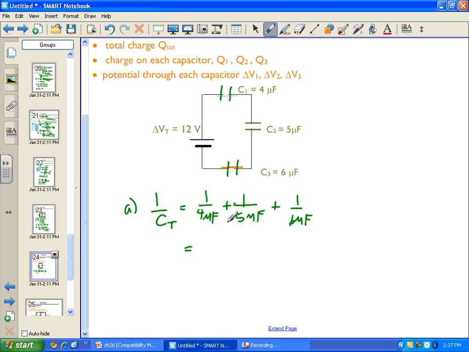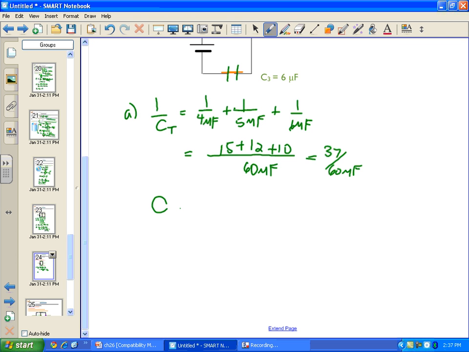Well, one way to do this is get a common denominator, which here I'm going to choose as 60 microfarads, and I end up with 15 plus 12 plus 10, giving me 37 over 60 microfarads. Now I've got to take the reciprocal, C total equals 60 microfarads over 37. That gives me 1.62 microfarads.